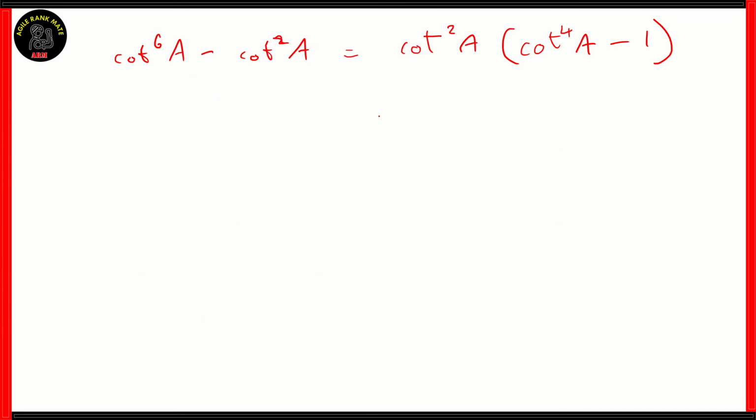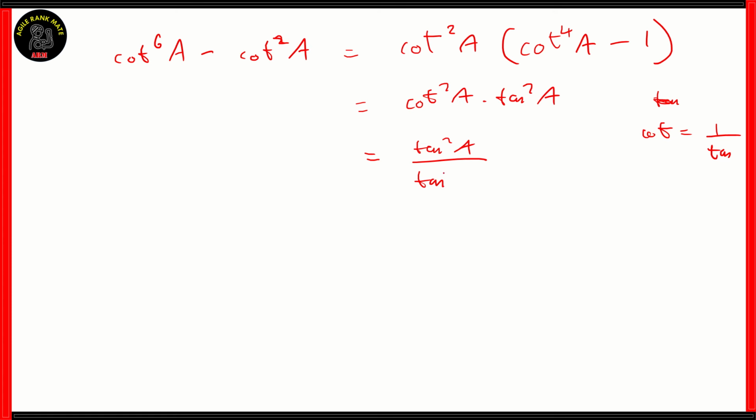So what we're going to do is substitute the bracket. So what we get is cot squared A times tan squared A. Now we know that cot is basically the inverse of tan. So therefore the expression becomes tan squared A over tan squared A, and since the numerator and the denominator are the same, the value of this expression turns out to be 1.